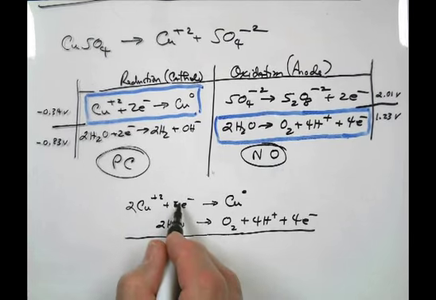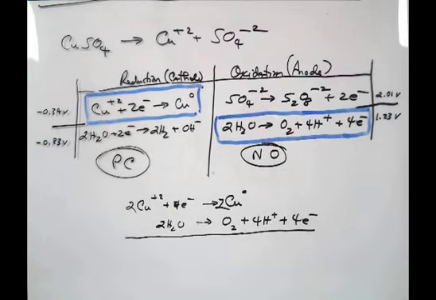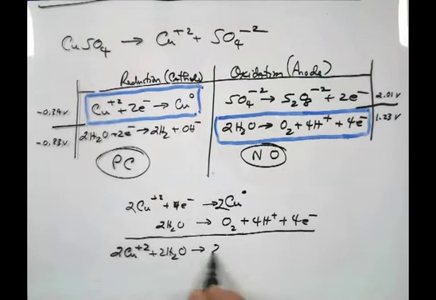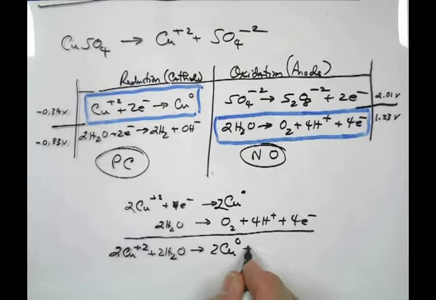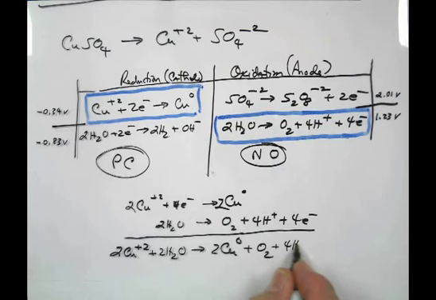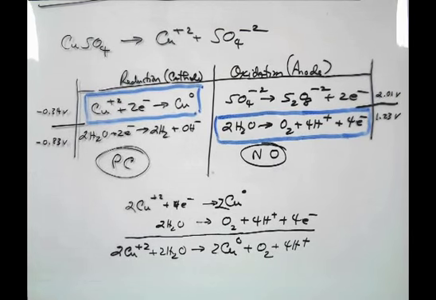So you've got 2 coppers plus 2 H2O going to 2 copper, reduced form, plus O2 plus 4 acids. And that looks like the net cell reaction. So you divide through by 2 and you'd have a half mole of oxygen, but that's up to you. It depends on what the listing is on the exam.